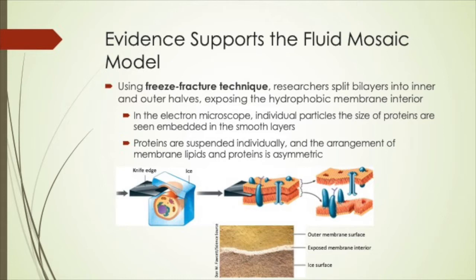Whenever I talked about the freezing technique, researchers went through and froze the cells, and they used a knife to cut open in between those two layers, right? This is called the freeze fracture technique.